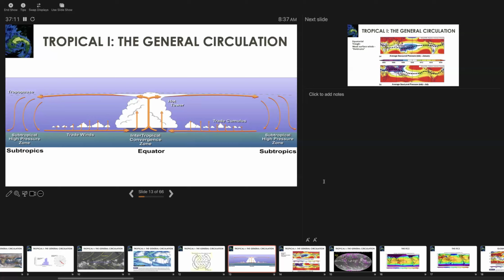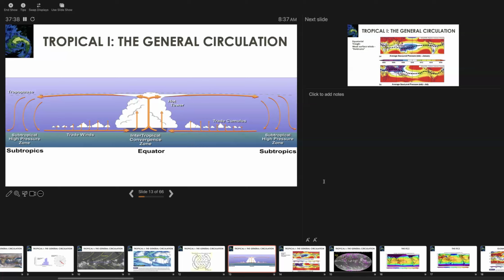Okay, it's not absolutely perfect because land masses and mountains and sea breezes and other things mess it up a little bit, right? But generally speaking, that's why you have these big high pressure zones around 30 degrees north and south. It's because of the sinking air on this limb of the Hadley cell. And incidentally, we call this cell in each hemisphere the Hadley cell, after the great man himself, right?